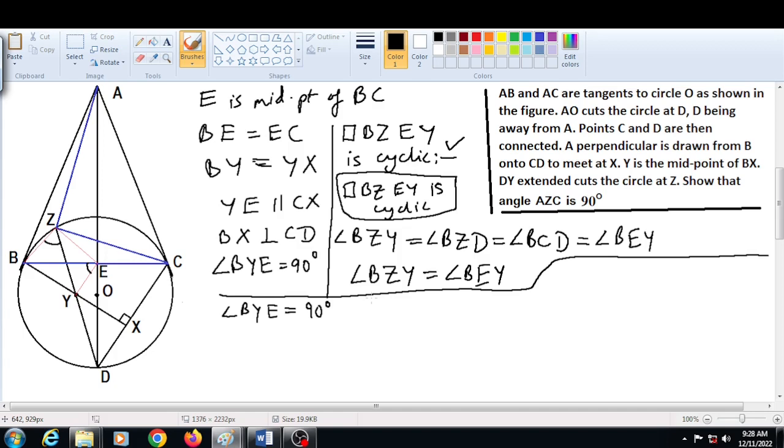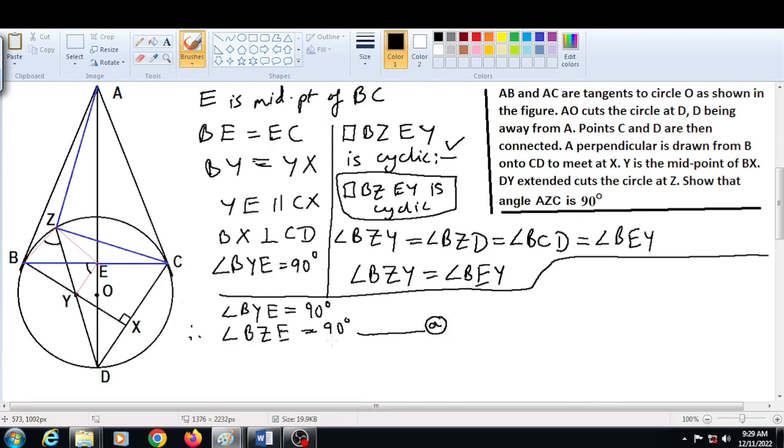Therefore, the opposite angle BZE in quadrilateral BZEY is also 90 degrees. And let me name this equation. Let me call this equation A.